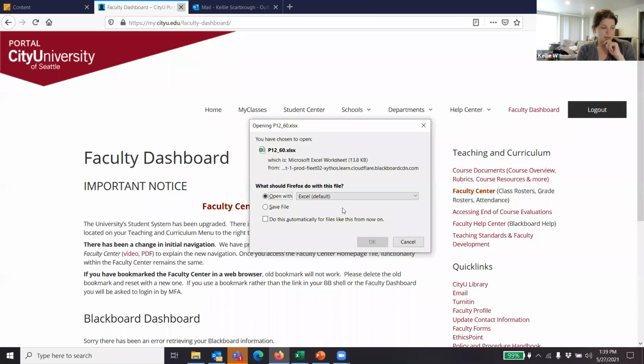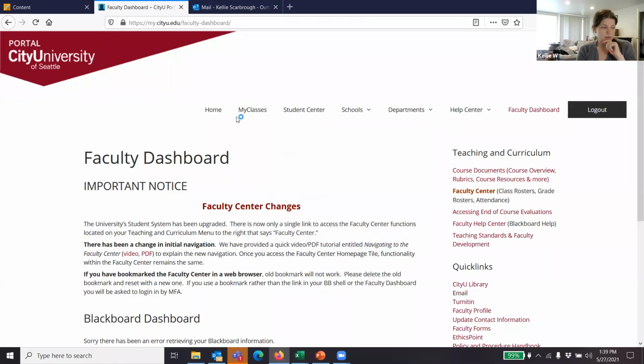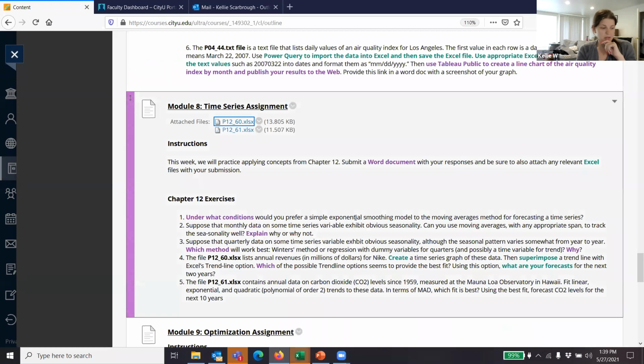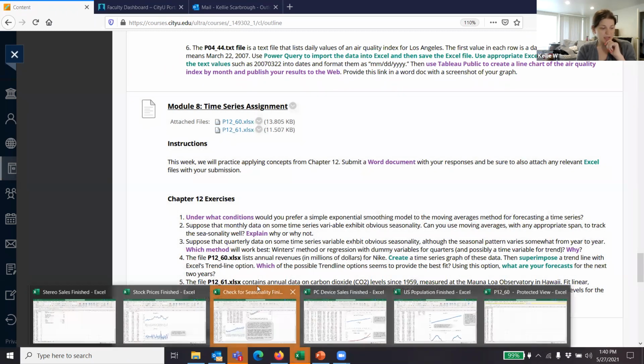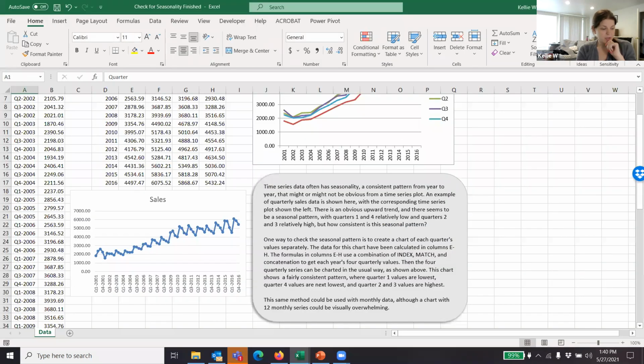So when you open your data, which I will do here, there we go. And then same thing for the second. You're fitting just a couple different trends. And then you're going to look at the error term.